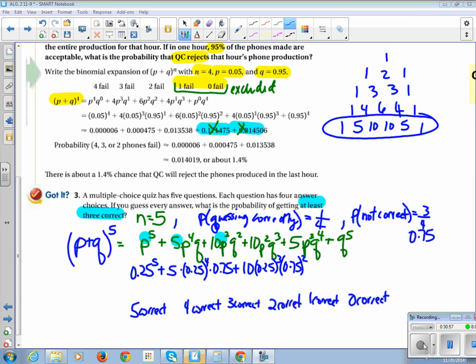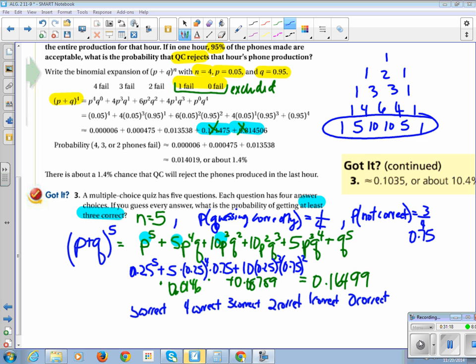And then we're going to chug those into our calculator. So when you do the calculations, you get 0.0625 plus 0.0146 plus 0.08789. You add all those together.